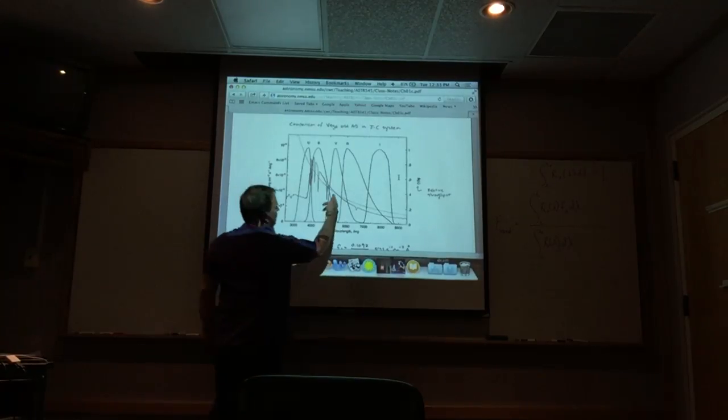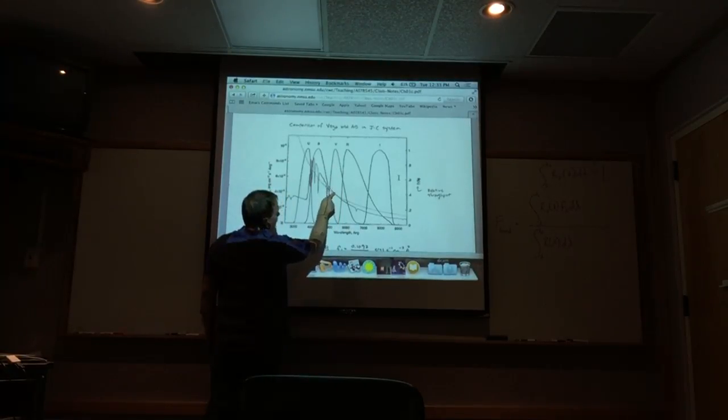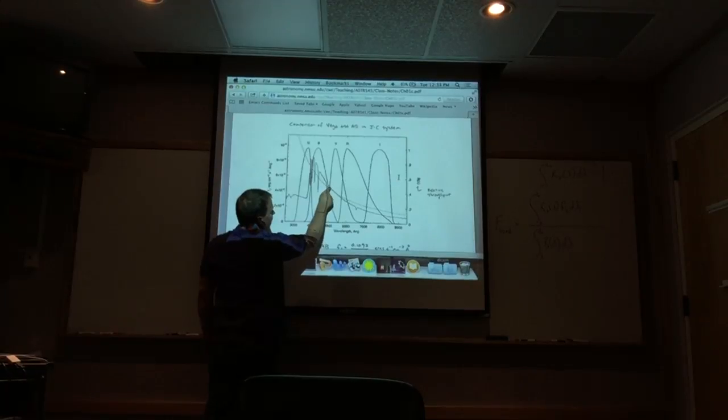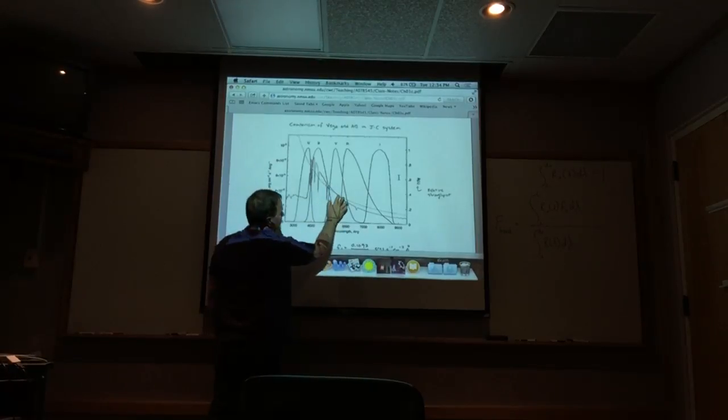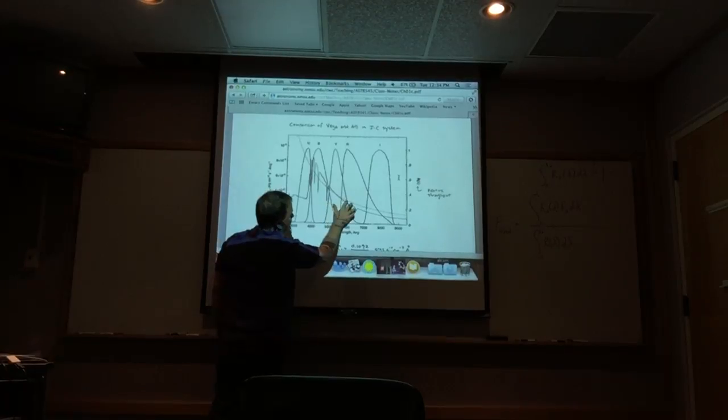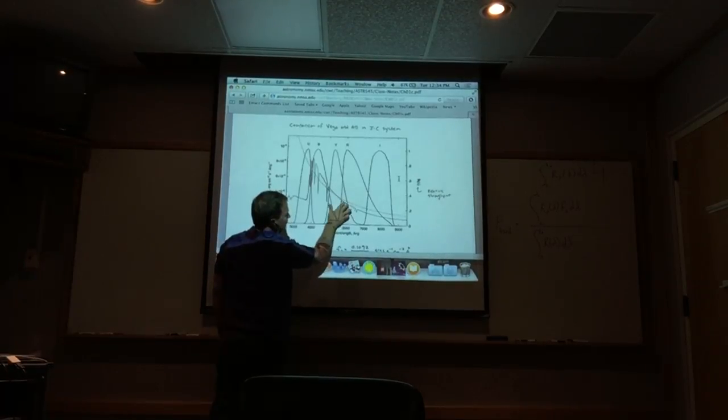And that makes sense because they cross somewhere around 5,500 angstroms, and there's more f lambda toward the blue in Vega than there is in AB. But redward of the fulcrum, there's more flux in the AB than there is in the Vega.